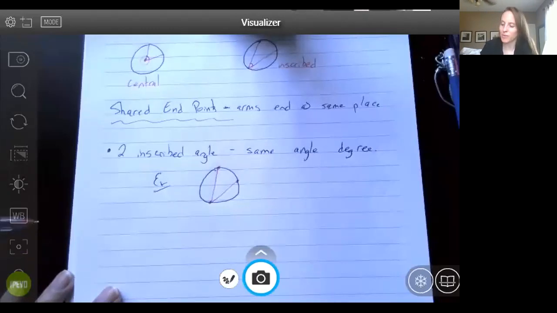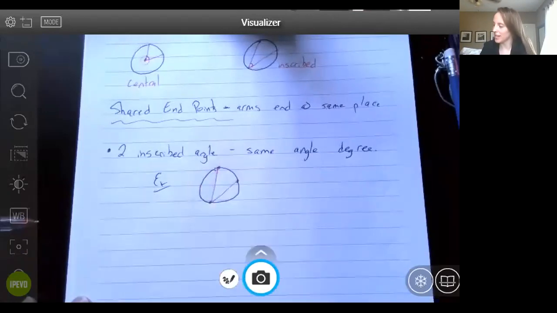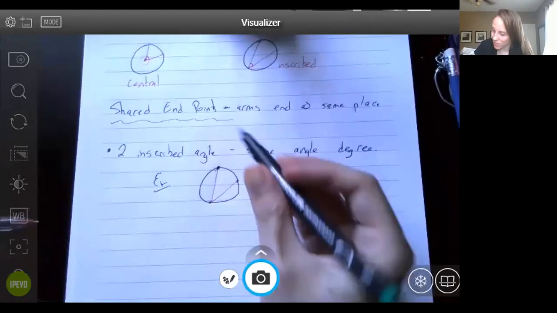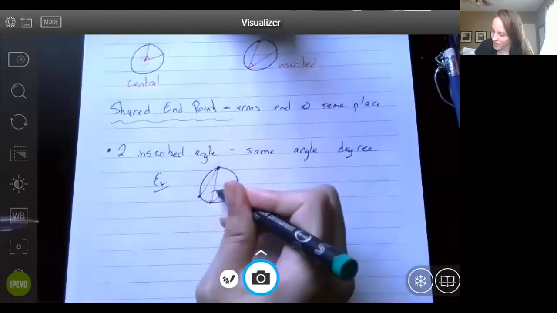So if we have 2 inscribed angles that have shared endpoints, they are going to have the same degree for their angle. So in this circle, I've drawn in 1 inscribed angle already. I can put in another one, and it's going to have the same endpoints, but a different vertex.